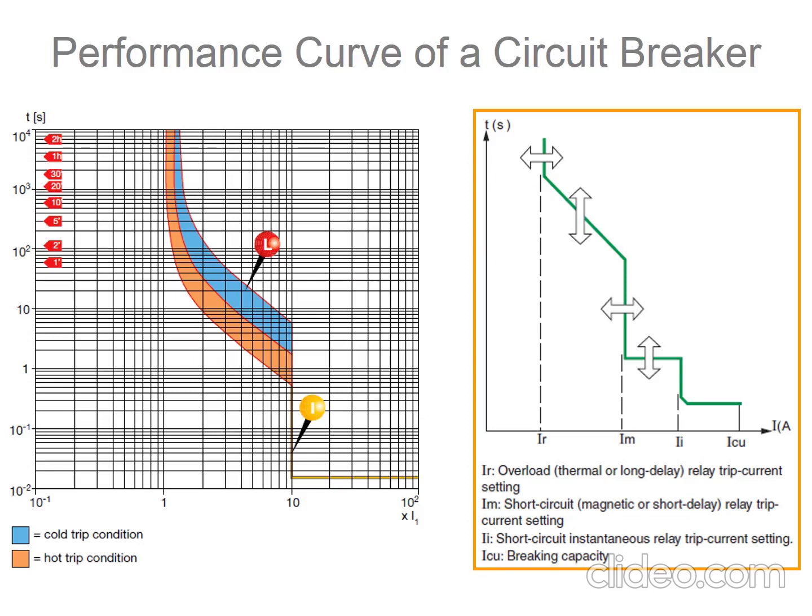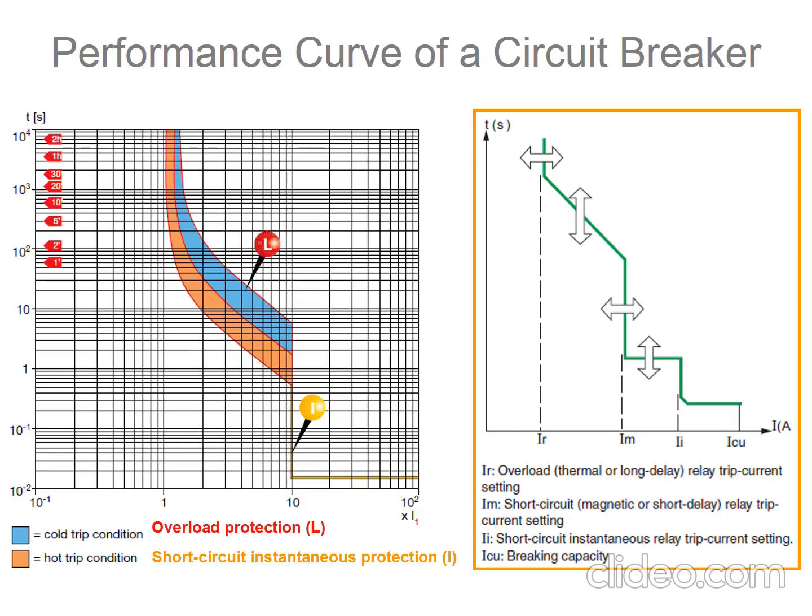Okay, this is the performance curve of a CB. This red color is the overload protection, and then we have yellow. The yellow one is for short circuit instantaneous protection. This is the setting.